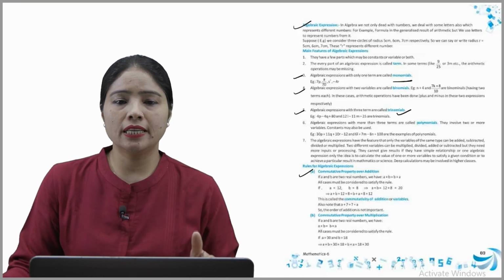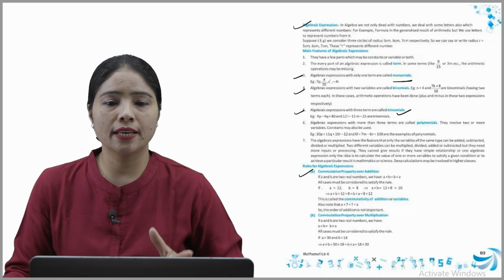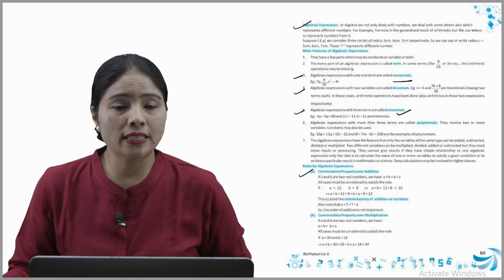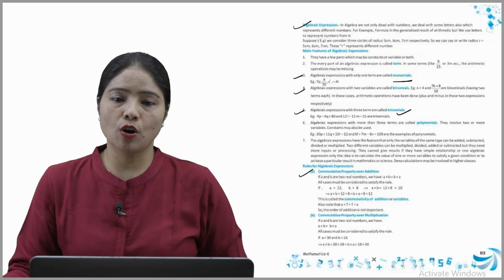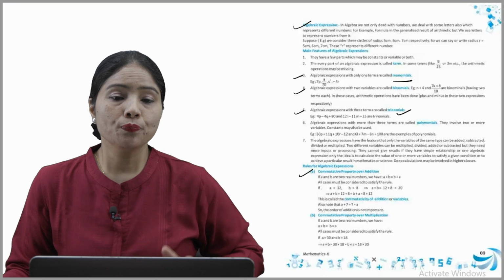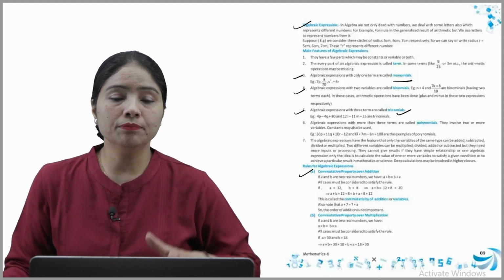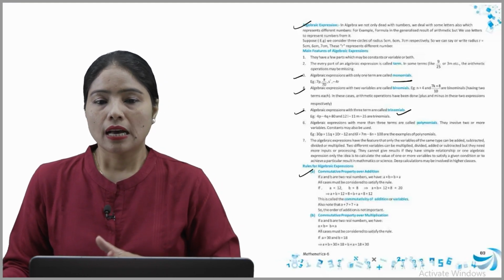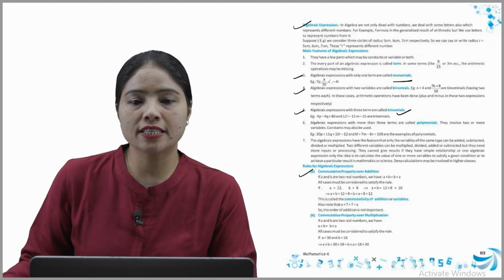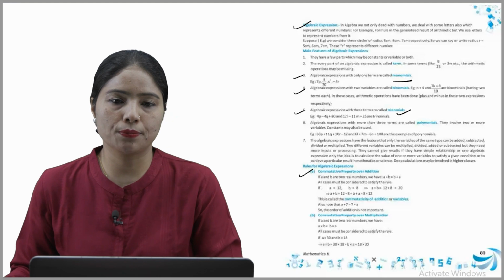So a plus b is equal to 12 plus 8 and b plus a is the same, 8 plus 12. So this is called the commutative property of addition of variables. I hope you understood. Also note that a plus 7 is 7 plus a. So the order of addition is not important.